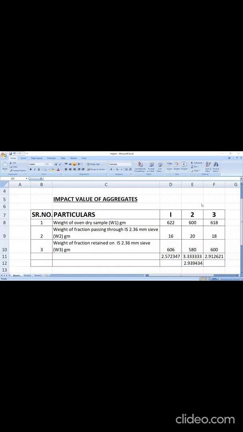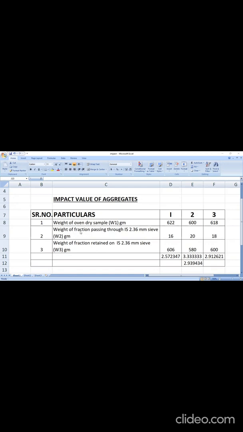Welcome students. After the practical work, we go for the observation table, that is the calculation of impact value from the readings taken in the practical. The observation table contains serial number, particulars, and reading numbers 1, 2 and 3. First, the weight of the oven dry sample taken as W1 in gram.